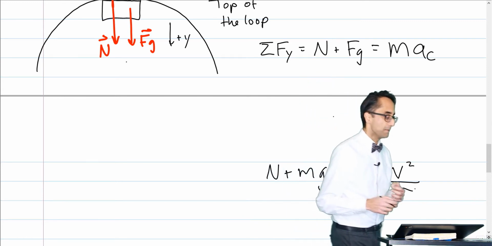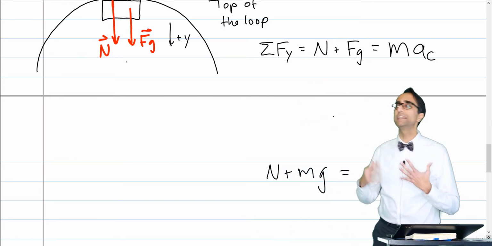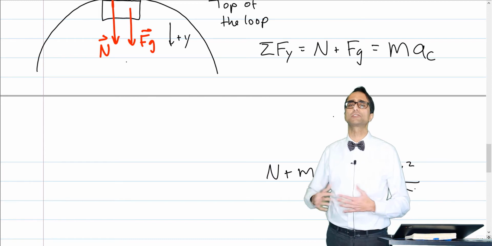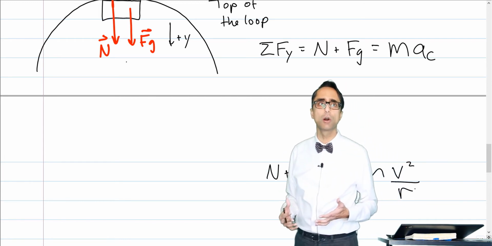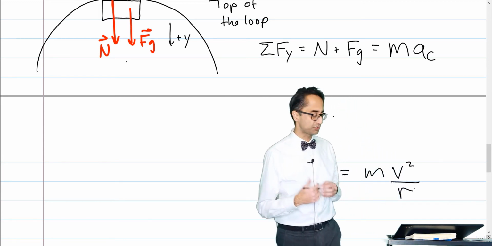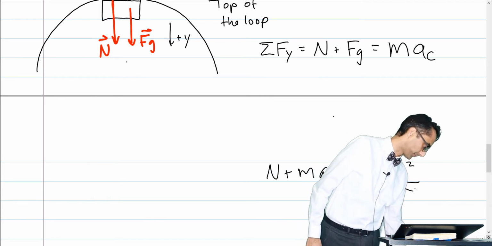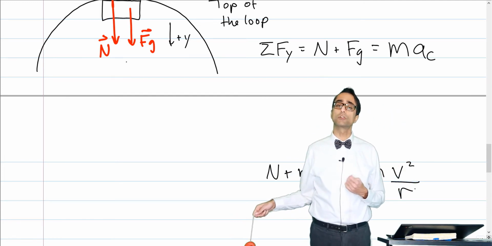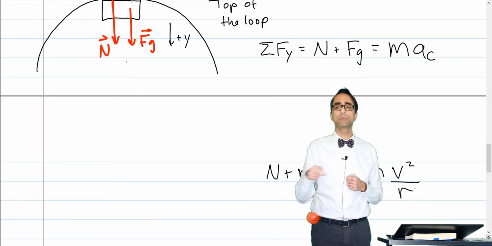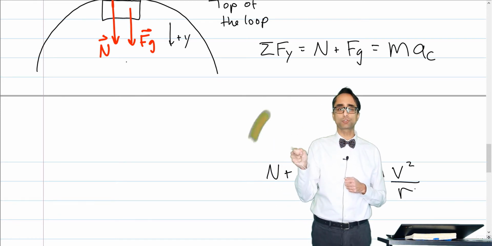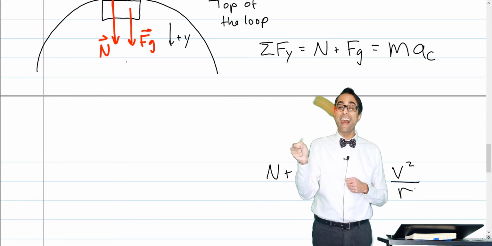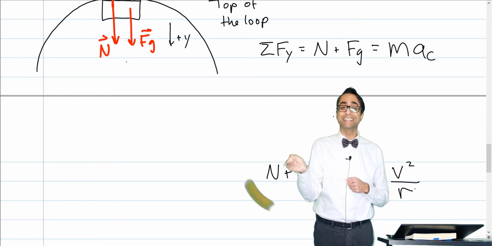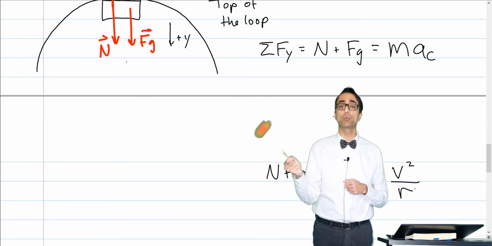Now, if we go really, really, really fast, like way faster than we need to go, what force is going to increase? Well, the force of gravity is not going to change. It's the normal force that increases. The same thing happens with this yo-yo. The faster I go, I'm going super fast right now, I can feel the tension in the string. The tension in the string is getting stronger.